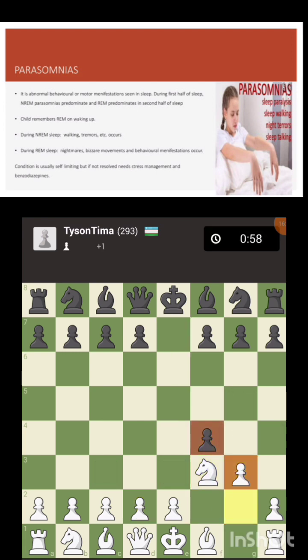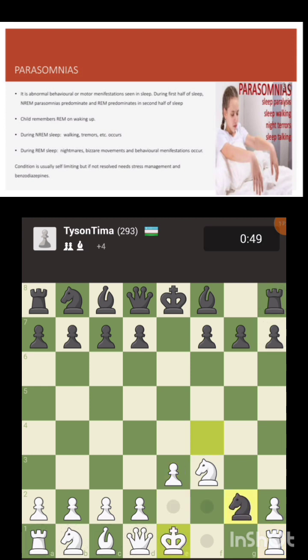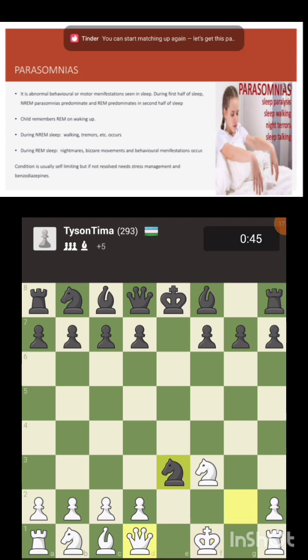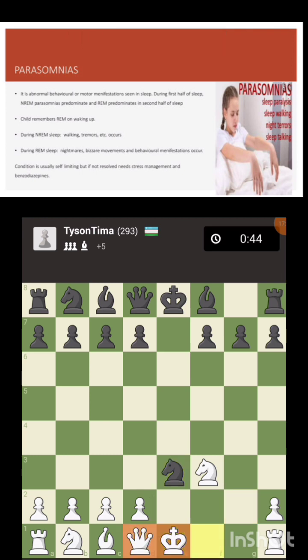So the child will remember REM events on waking up, and during non-REM sleep, sleepwalking, tremors and the like will happen. During REM sleep, nightmares, bizarre movements, and abnormal behavior occur. The condition is usually self-limiting, but if not resolved, it needs stress management and benzodiazepines.